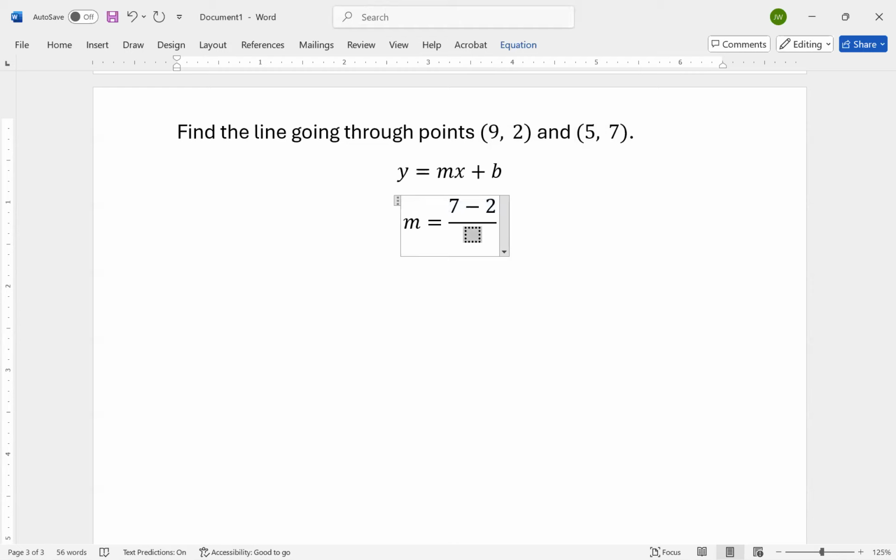And then the denominator is going to be 5 minus 9 because that's the x value of the second point minus the x value of the first point. This gives a slope of 5 over -4. Or you could have also written this as -5/4. Either way is fine.